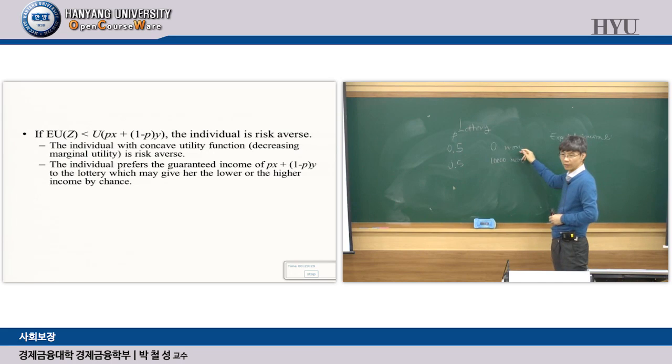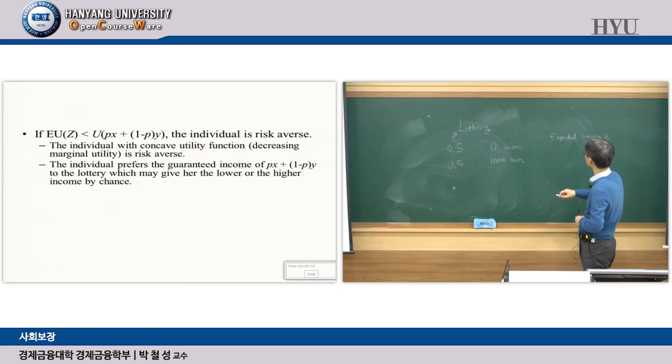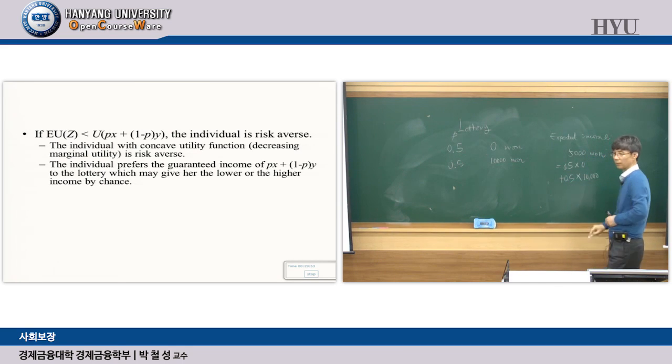If you actually participate in this lottery, what's your expected income? Expected income is 0.5 times 0 plus 0.5 times 10,000, so that is 5,000.